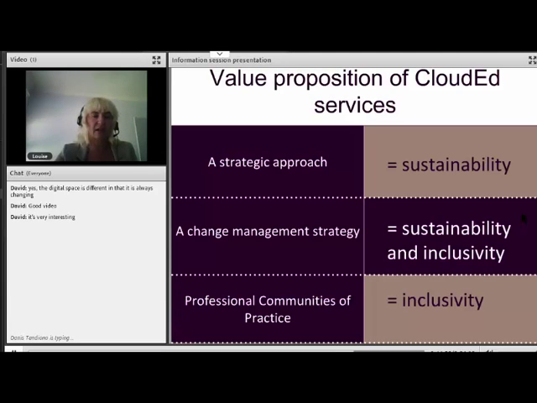The idea that CloudEd follows is that unlike other professional development where the person comes in, they deliver the training and sometimes you never see them again, we leave behind the approaches, the tools, and also an offer of continuing assistance through mentoring.